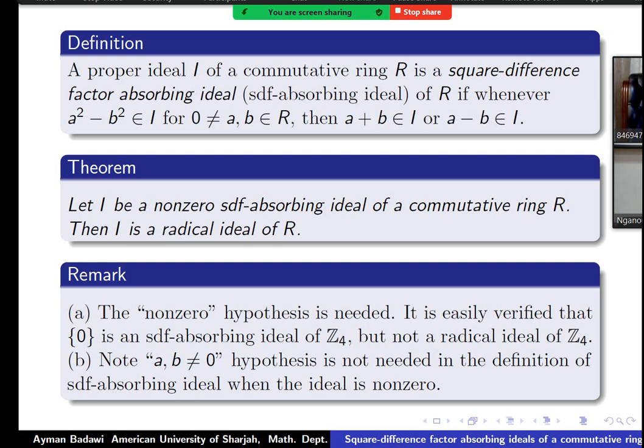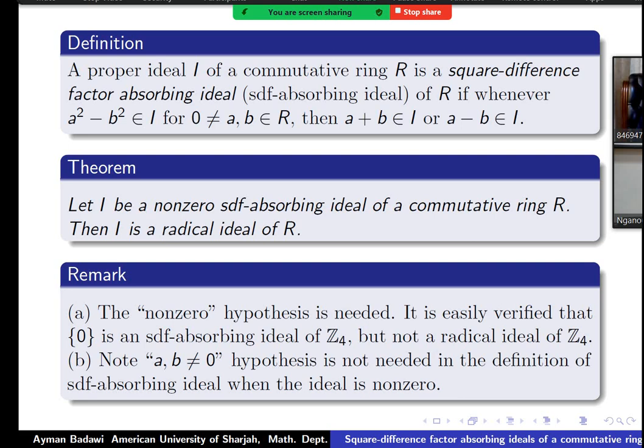Okay, the first question that may come to your mind: why a and b not 0? Look at the remark, part B. Note that the condition a, b not equal 0 is not needed when the ideal is non-zero.